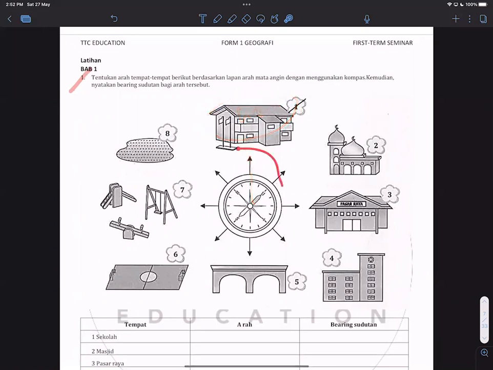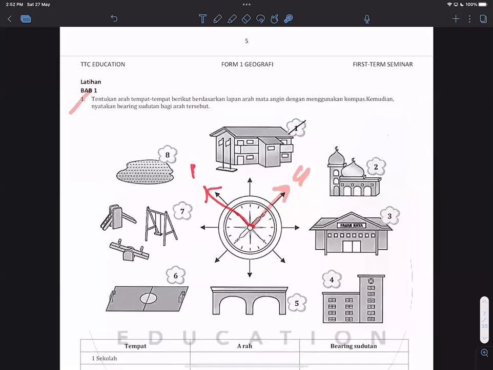Yes, because the compass is showing that Udara is in between of usually what we recall as timur laut, right? So, guys, highlighter, this is Udara. Okay, or you can try to draw the arrow. This is Udara. So, if this is Udara, this will be barat.